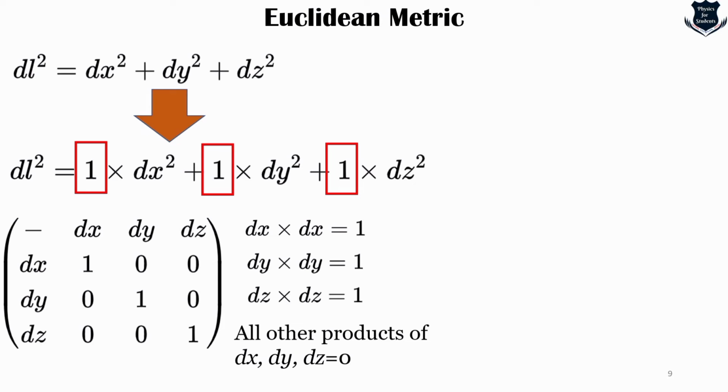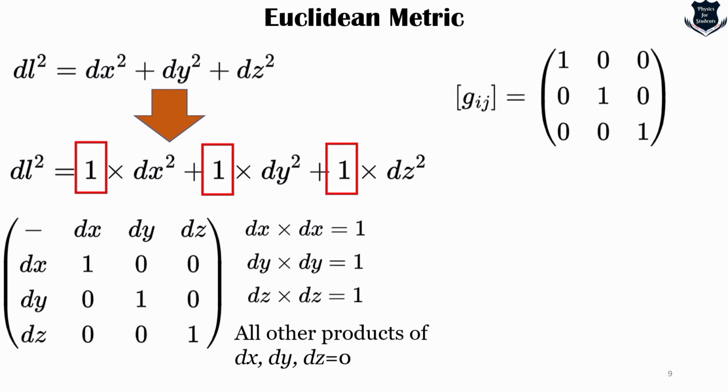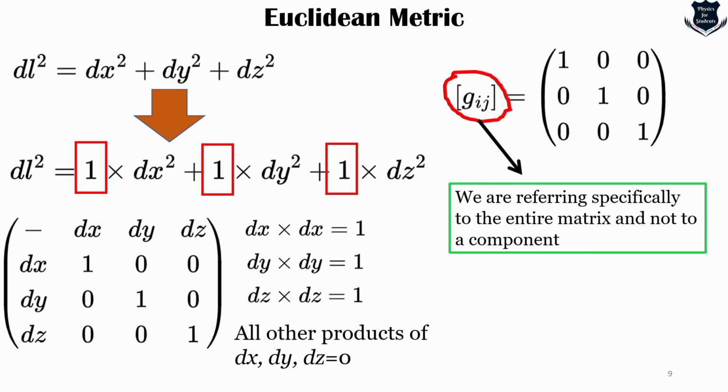Now, dx times dx equals 1, dy times dy equals 1, and dz times dz equals 1, and all other products of dx, dy, and dz equal 0. So the indices, if you identify i and j in g by reference to rows and columns, this is what comes when we write it. Note that here is a bracket, which means that we are referring to the entire matrix and not to individual components.